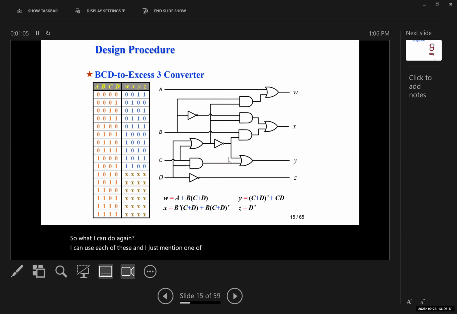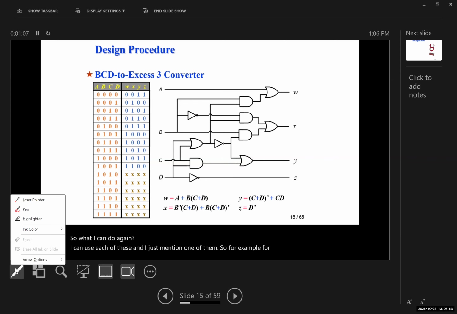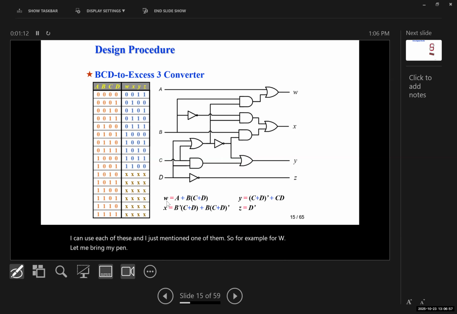So for example, for W, let me bring my pen. For W, it's going to be A plus B times C plus D. In other words, it's A plus BC plus BD. And I can write it like this as well.